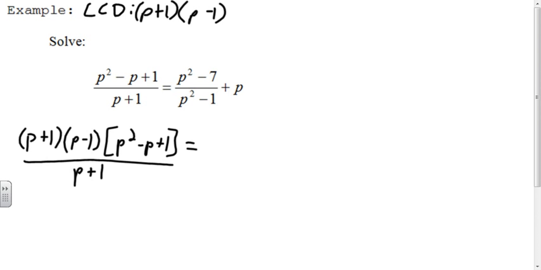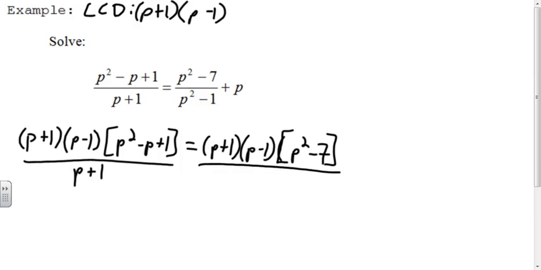On the right side, we have, again, p plus 1, p minus 1. Oops, I'm using the square bracket, so I know that these were my pieces from the original. So p squared minus 7 over, I'm going to factor this piece right away, call it p plus 1, p minus 1. There we are.